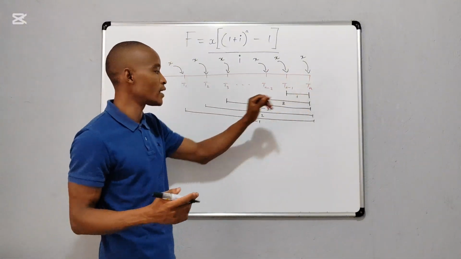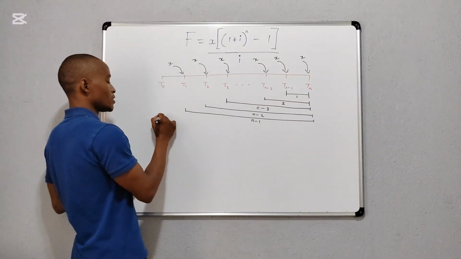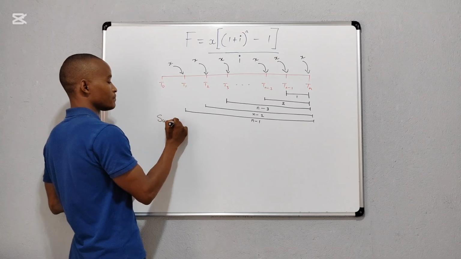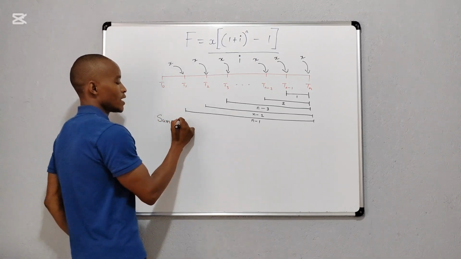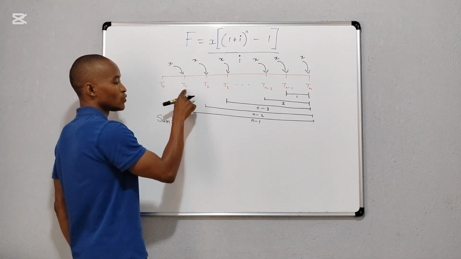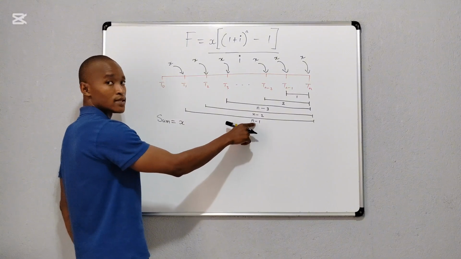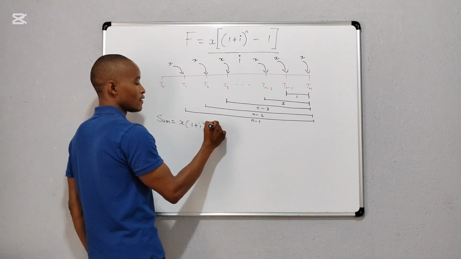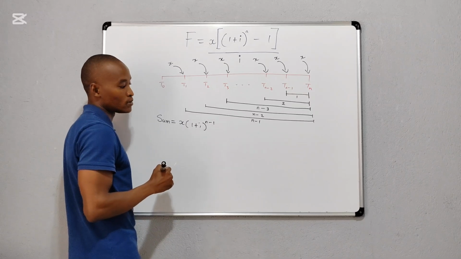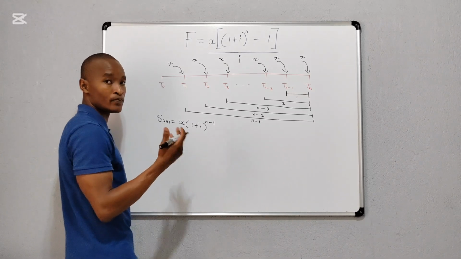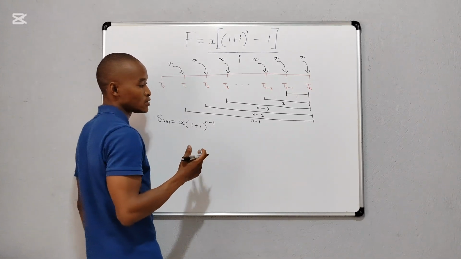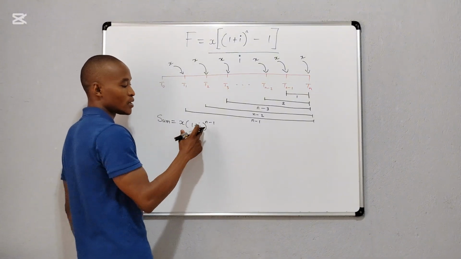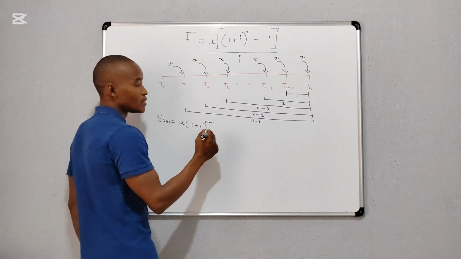Okay, so to now get the sum, which will represent the total value in the future that we will then obtain, we can write it out mathematically like this. Okay, so X at T1 will accumulate interest for n-1 times, or can be n-1 months or quarters, but remember this n is really payments.